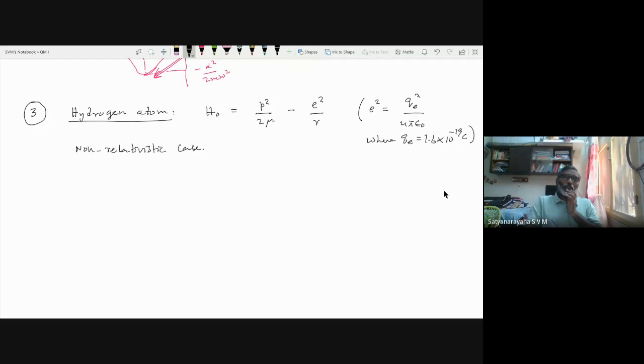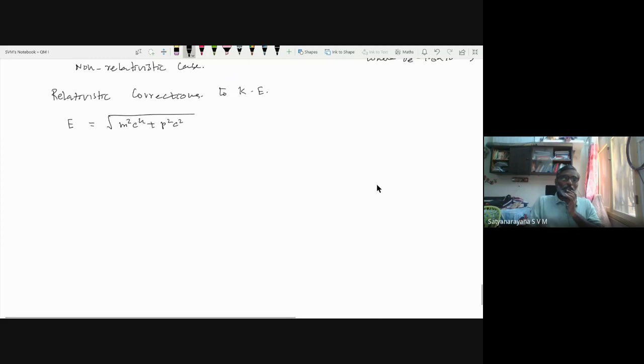So for example, relativistic corrections to kinetic energy. Okay, so energy is equal to square root of m square c to the power 4 plus p square c square. This is the relativistic energy momentum relation.